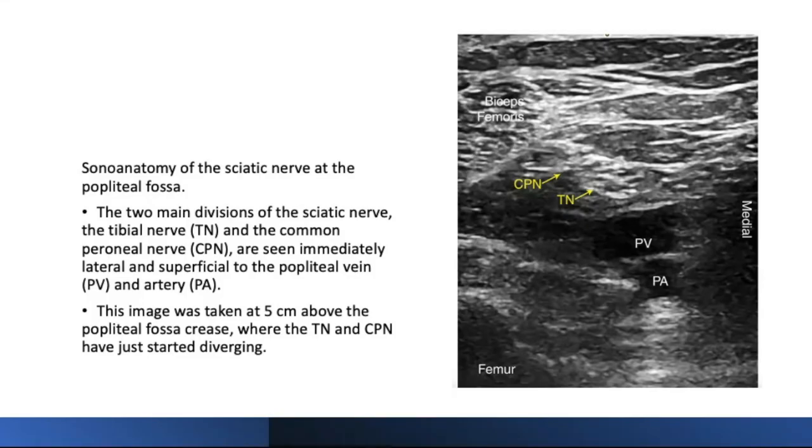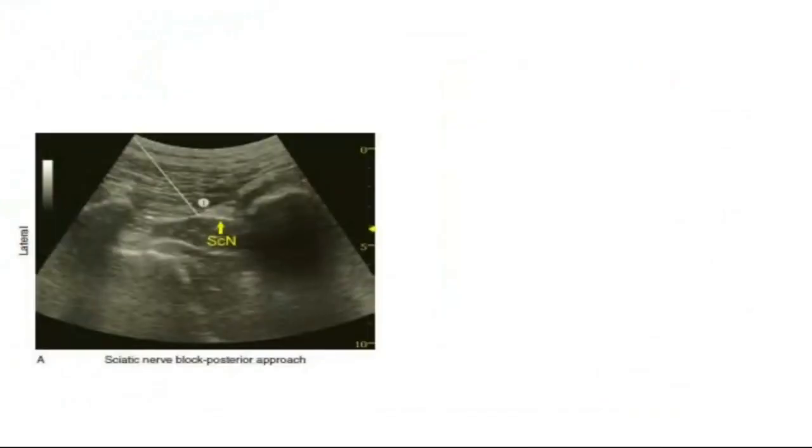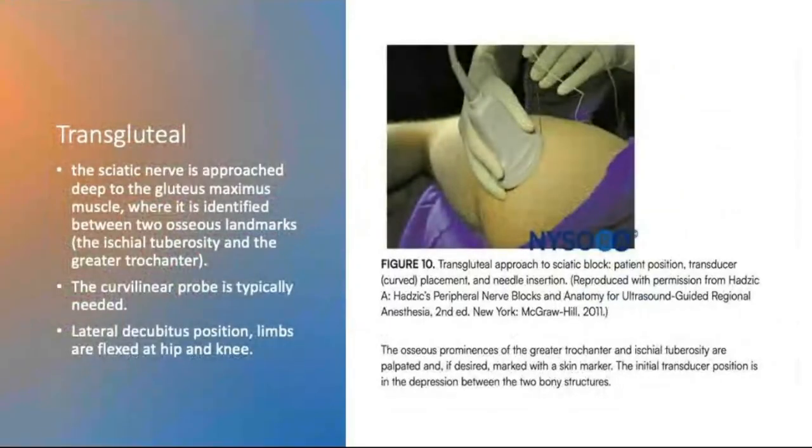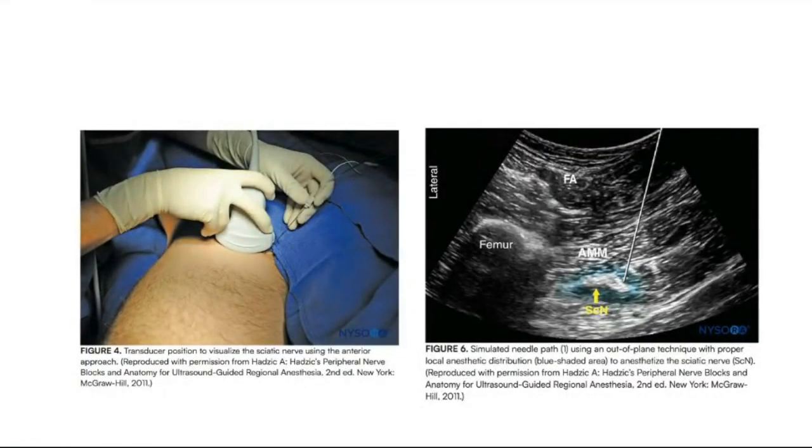And then can you just go back to the anterior approach? I've done a few, and just remember that in the right-sided diagram, that line is a bit of a lie, because that implies an in-plane technique.